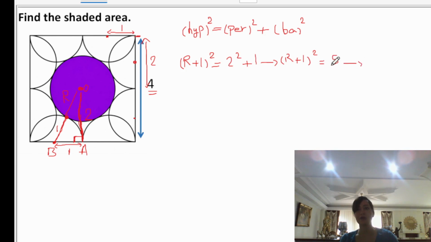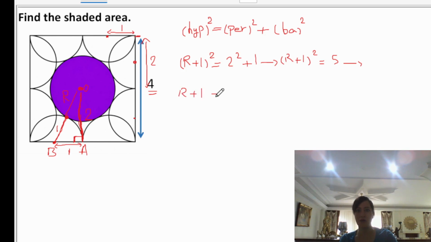I take a root from both sides, and we should know that when I am talking about sides, lengths, in geometry, I never consider the negative sign when I take a root. So I only consider the positive sign. So r plus 1, I take a root.